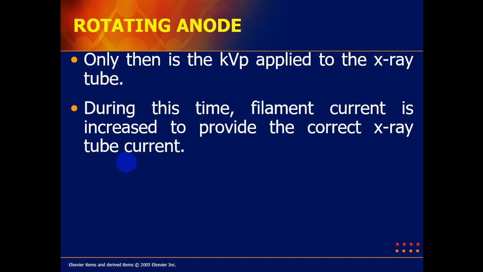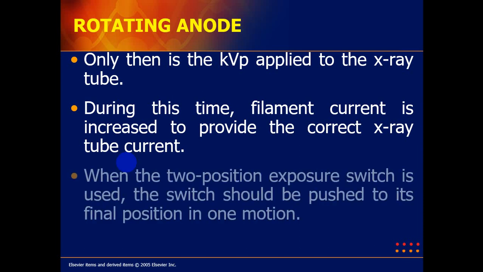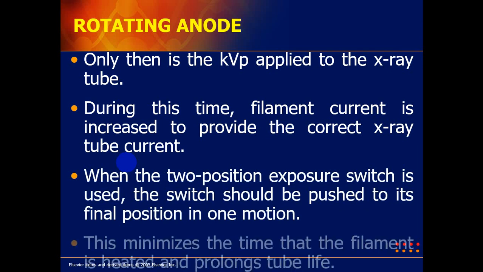During this time, filament current is increased to provide the correct X-ray tube current. When the two-position exposure switch is used, the switch should be pushed to the final position in one motion. This minimizes the time that the filament is heated and prolongs the tube life.